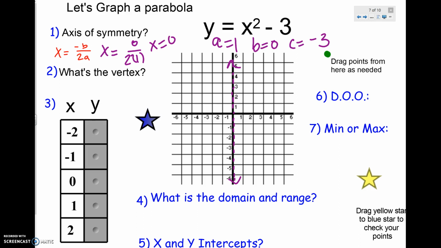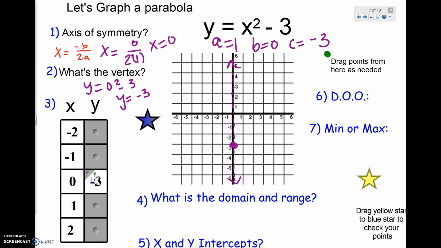Okay, so now we plug in for our vertex. So our vertex happens to be, if I plug in 0, y equals 0 squared minus 3, which gives me y equals -3. Right? So our vertex happens to be the y-intercept.